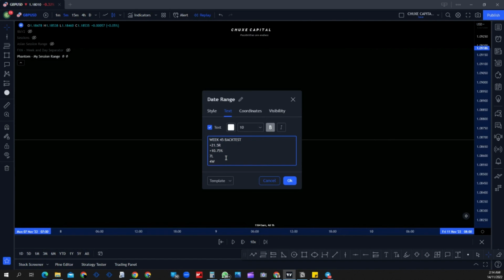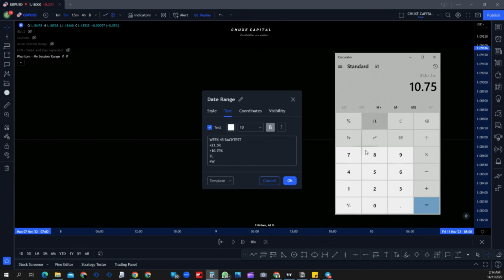4 wins, which comes down to 4 times 5.5 is 22. 22 minus 7 is 15.